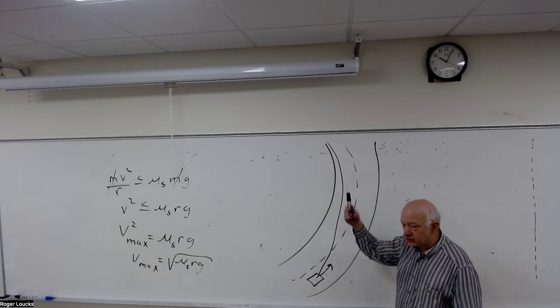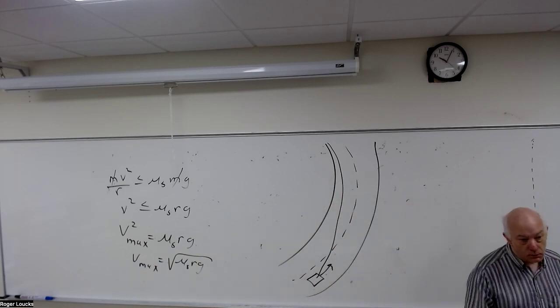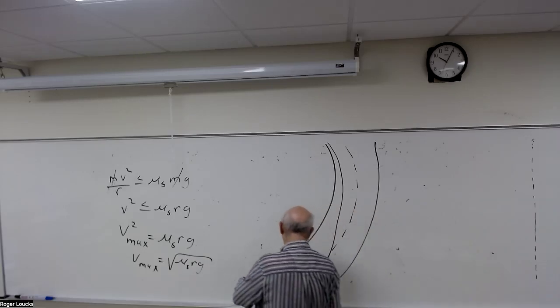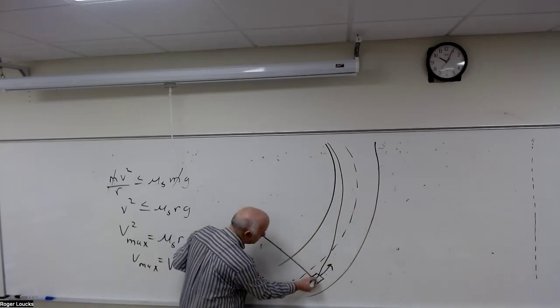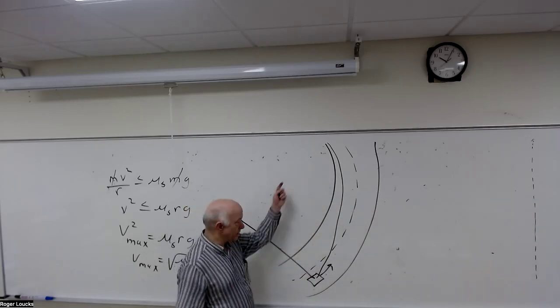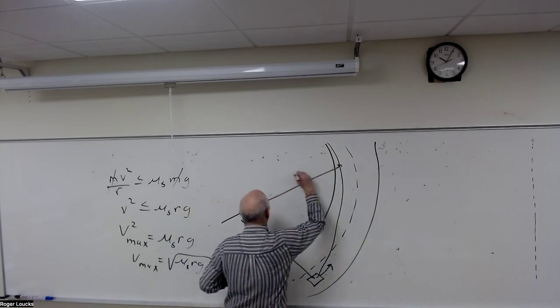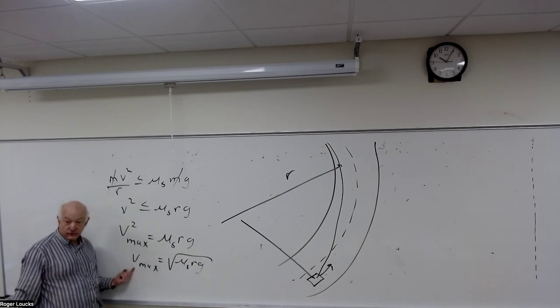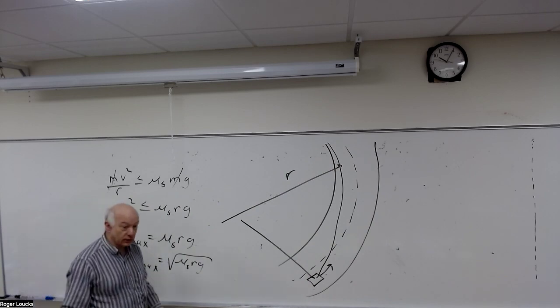Why do you then instinctively move into the other lane? The R actually gets bigger. There's going to be some R for this. When you go into the other lane like that, you're effectively making a larger R. If you're making a larger R, your Vmax is going to be larger. That allows you to get around the road.